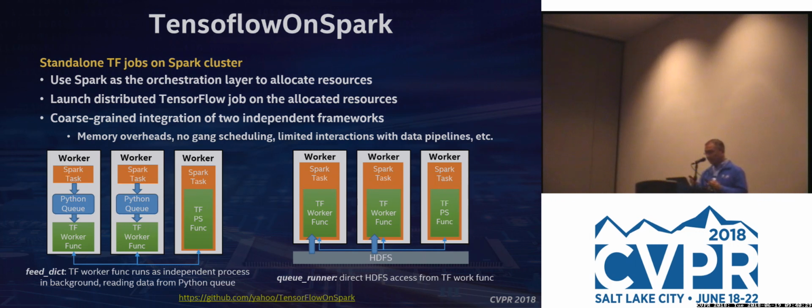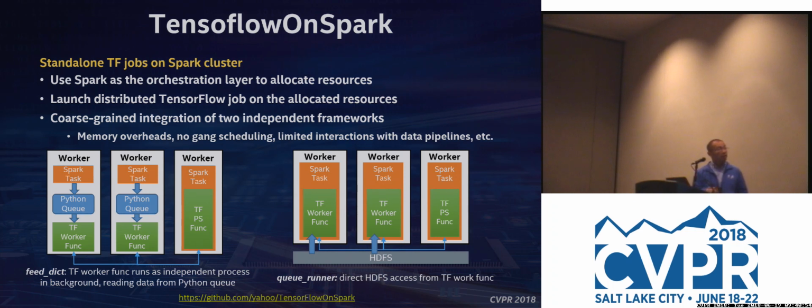So it uses Spark as the orchestration layer to allocate many different resources, essentially those server nodes or worker nodes. And then once the resources are allocated, the Spark job will launch an independent standalone TensorFlow job, which runs on top of the allocated resources in a distributed fashion.